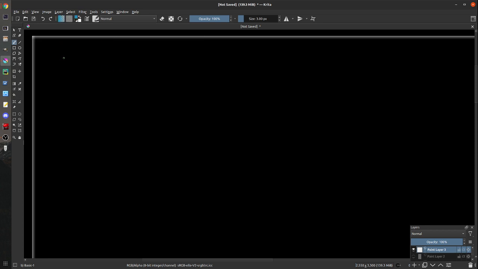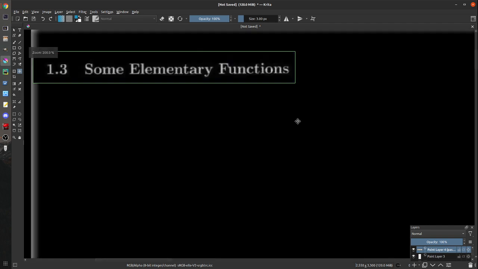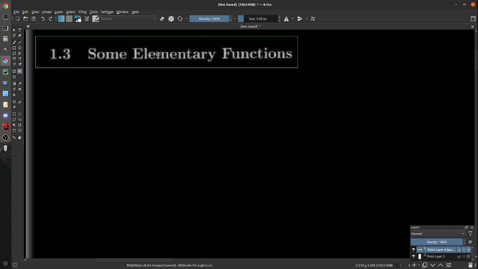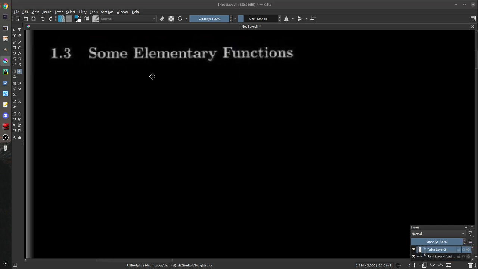So, 1.3, some elementary functions. This little section is excellent because it will introduce us to a number of really useful ways to think about things, and some of the intuition for a lot of what we'll do later and the approaches that we'll use.